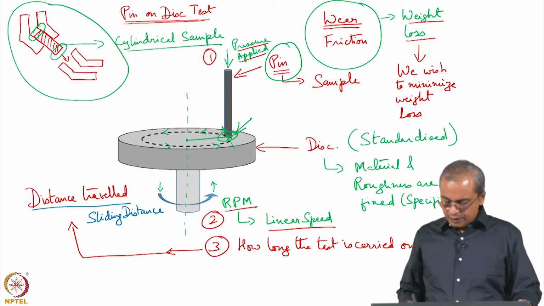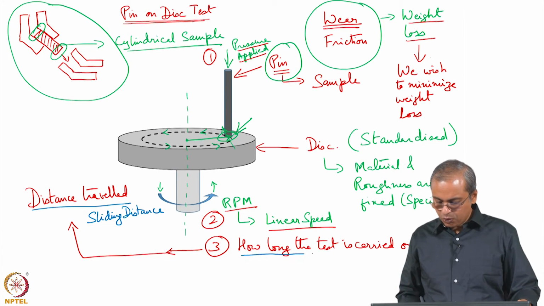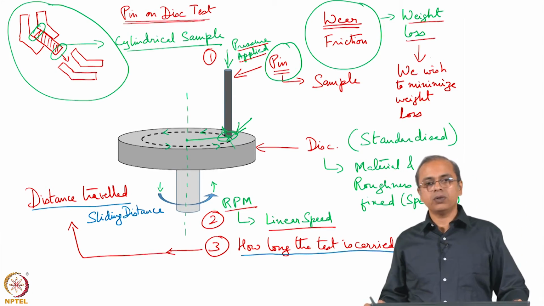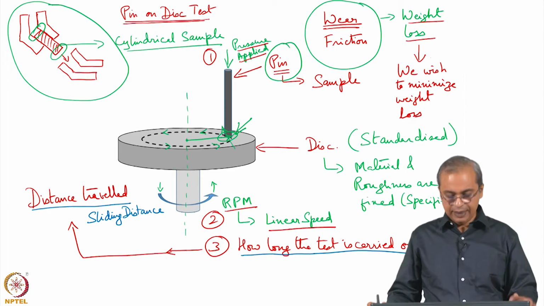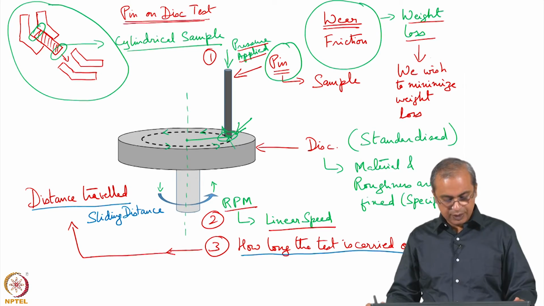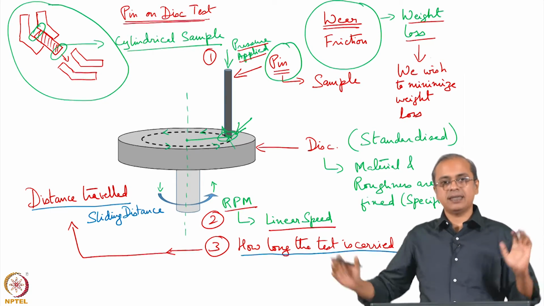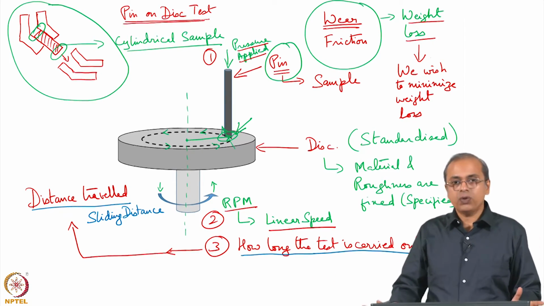So, it is important for us to control how long the test is being carried out, and under those conditions you are controlling the distance travelled, and then we want to look for weight loss.